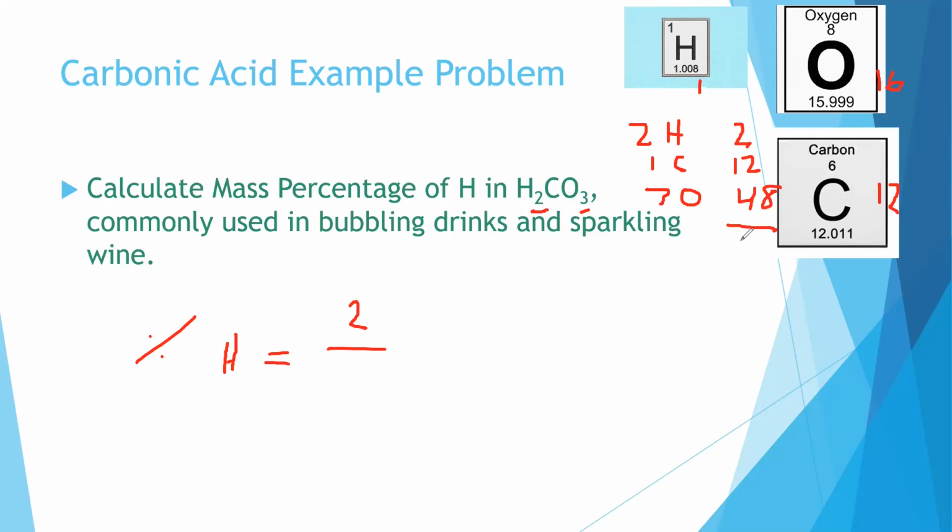So if I did it correctly, remember the molar mass is 62. So we have 2 over 62 times 100. And that's like 3.23%. Sorry for my bad handwriting. So 3.23%.